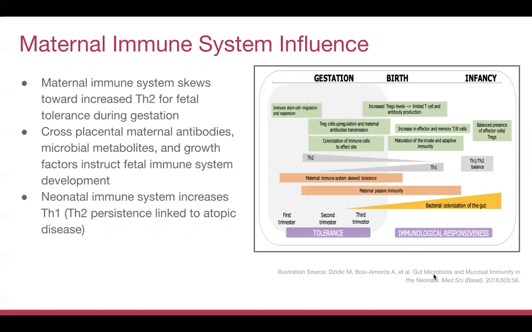As you might imagine, the neonatal immune system responds accordingly. So in early postnatal life, the neonatal immune system gradually increases Th1 activity to restore the balance of helper T cells. Without the shift, Th2 persistence can go on to be associated with atopic disease development later in life, including asthma.